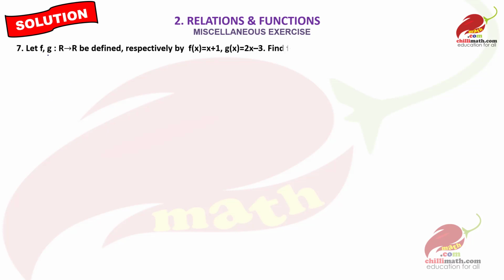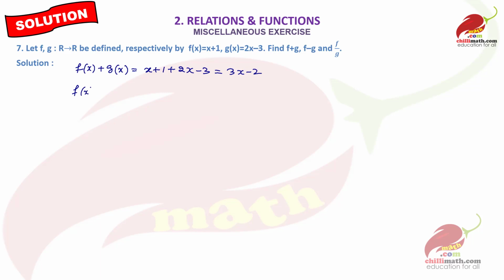Seventh question is, let f and g be two functions defined from real to real respectively by f(x) equal to x plus 1, g(x) is 2x minus 3. Find f plus g, f minus g, f upon g. So simply this is the addition and subtraction and division of these two functions. So this will be equal to x plus 1 plus 2x minus 3. So this is 3x minus 2.